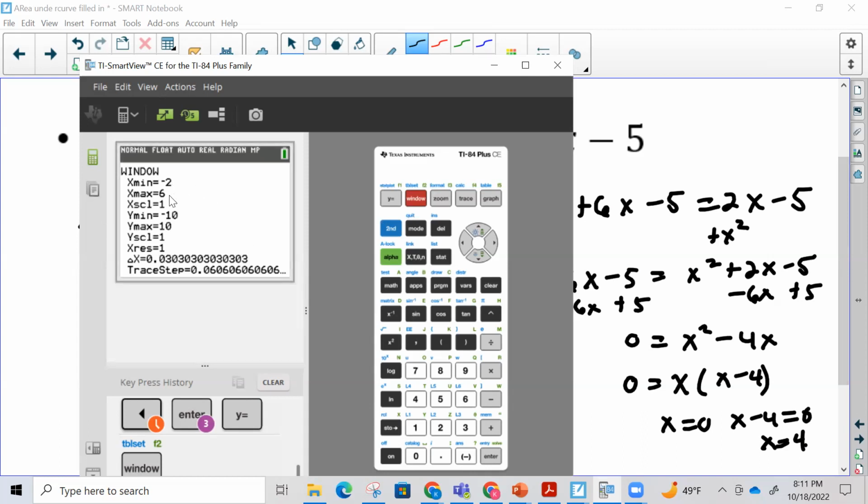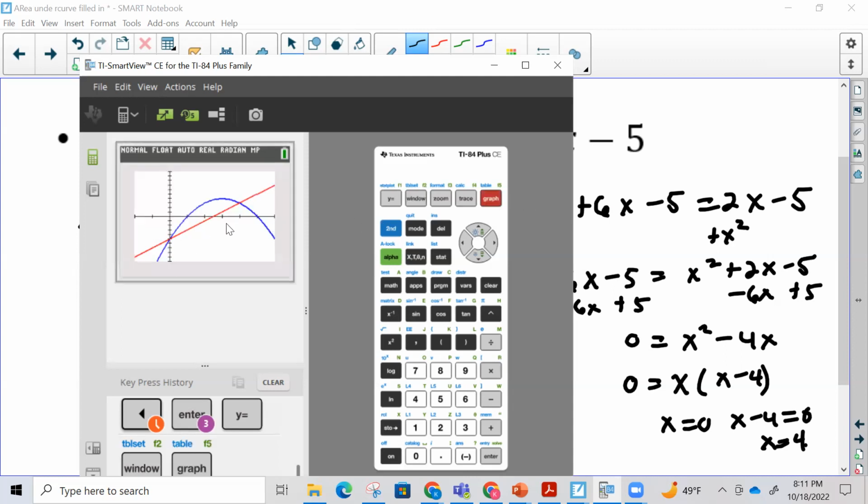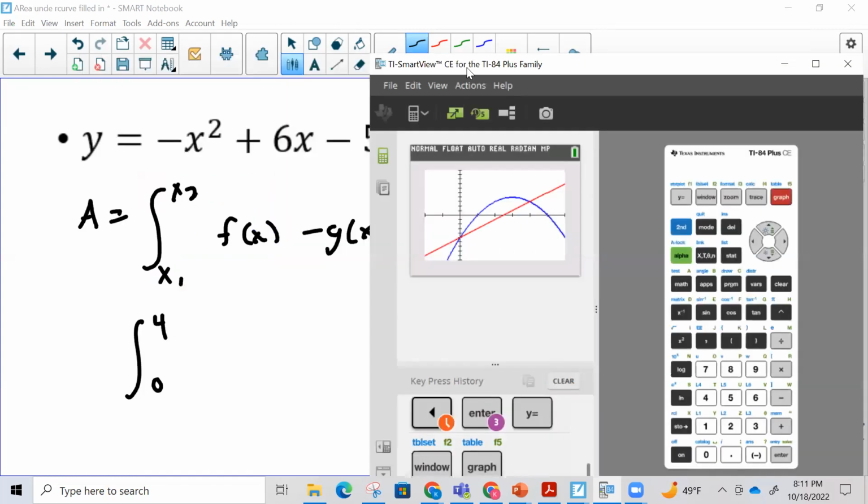So I did -2 to 6. And then I just left my y min and y max as the standard from -10 to 10, and I left the scale for both x and y to be 1. If you graph it, then you get a pretty good window. And again, you don't have to find the x-intercepts. You can graph it and then just play with the window to get it so you can see.